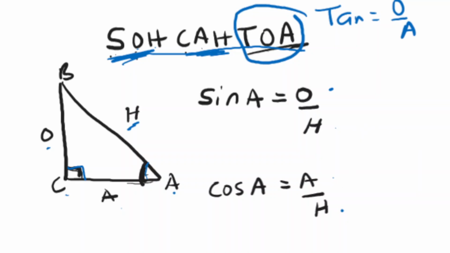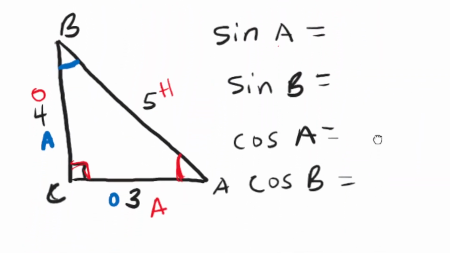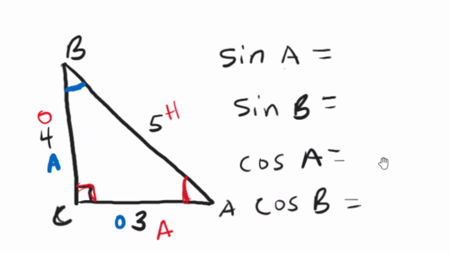Let's look at an example over here. Triangle ABC with sides AC 3, AB 5, and BC 4. This is our 90 degrees, so our hypotenuse is 5.